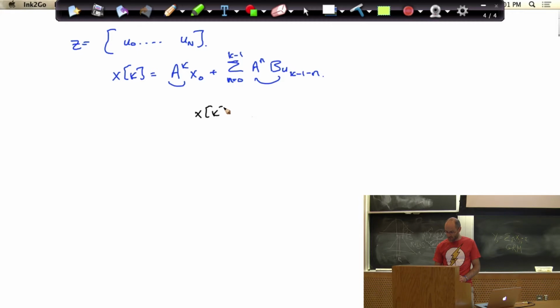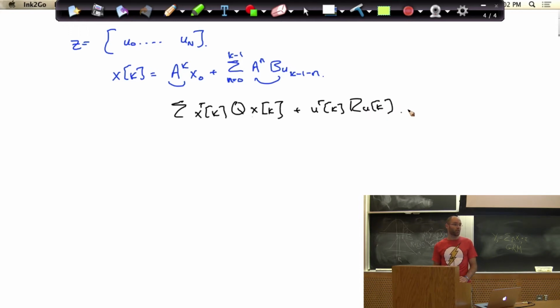Everywhere I had this, I can stick in this big mess and still have something that's quadratic in my objective, right? And then this, of course, is just adding more quadratic terms. So that's a quadratic program with significantly fewer decision variables and fewer constraints. In fact, if you had no other constraints, you could solve it away with least squares.